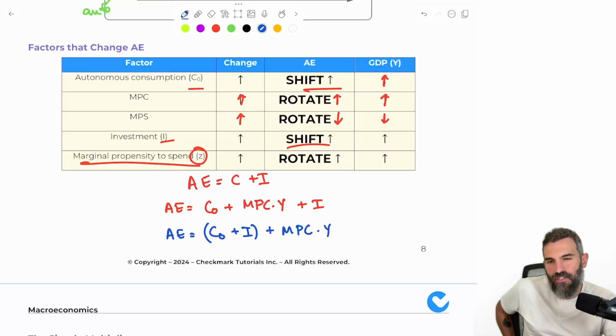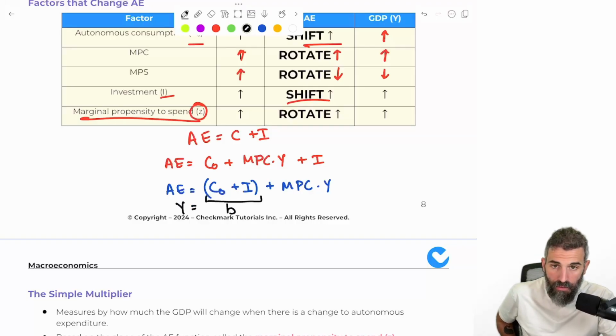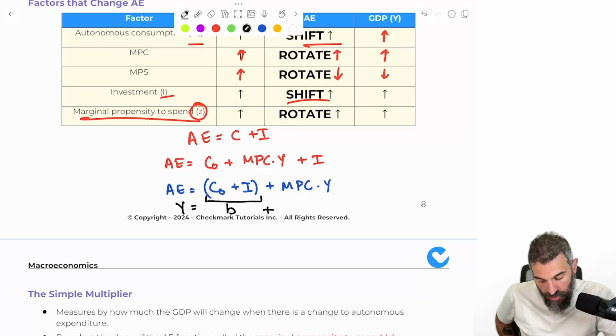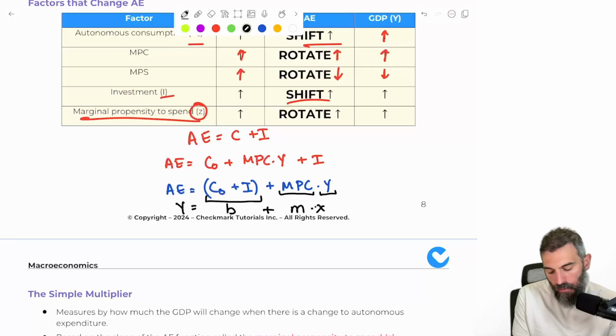And why I'm writing it this way is because I want you to see it as a linear equation. Y equals, this is your intercept. We'll call this B. This is your slope. We'll call this M. And this is your independent variable, which is normally X, right? So I'm writing it this way because you might recognize it. Y equals MX plus B, right?